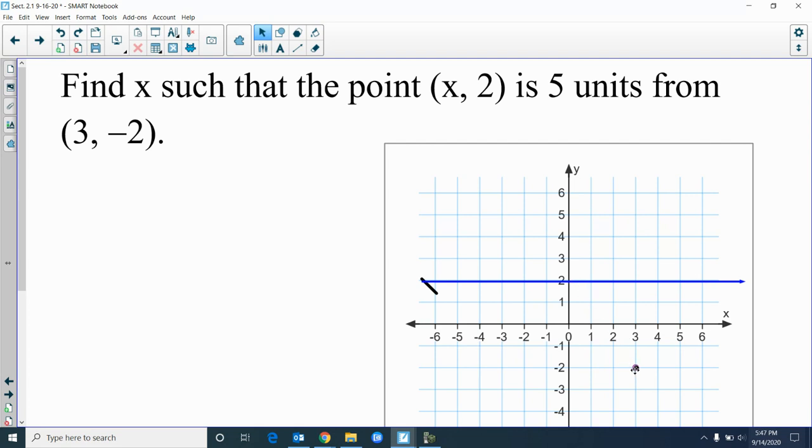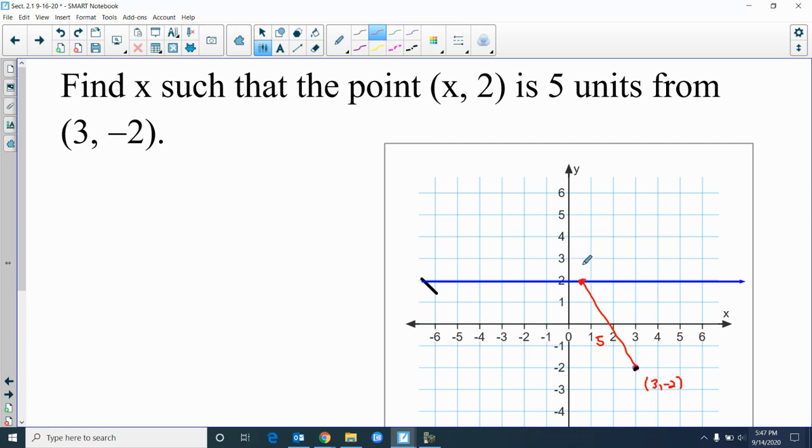Now, we don't know where at this point, and obviously it's not going to be vertical. It's going to be at an angle. Well, we want to find the distance, and we want this distance to be 5. This point here is (3, -2).